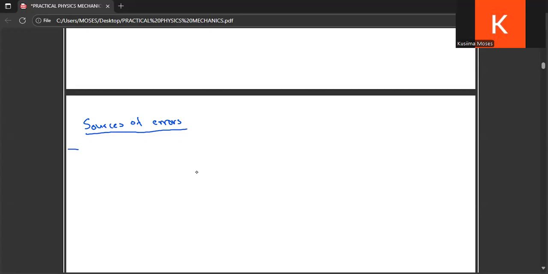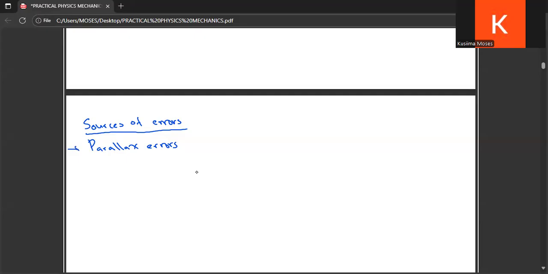Now, the first one here, remember, each error you give, it must have a precaution. We can begin by having some parallax errors. This is whereby someone cannot see the readings on the meter rule perfectly. It is 10.2, but for him he is saying 10.0.